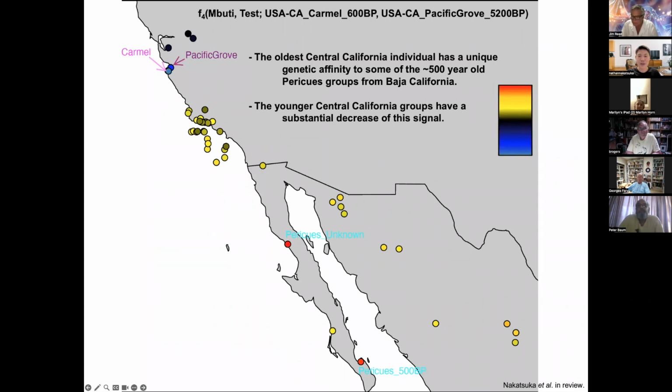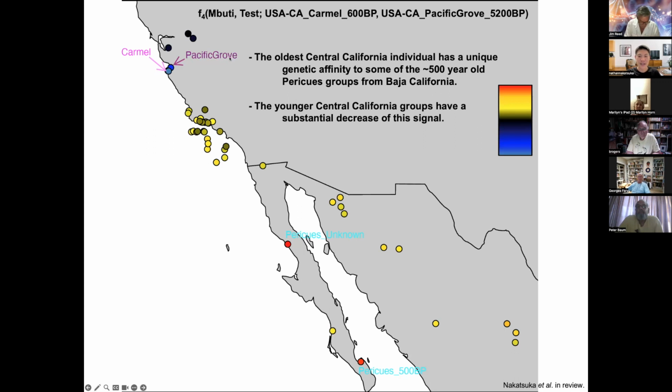So the Pericú were thought to have an ancient ancestry and potentially even an ancient language, and some suggest that there might have been an ancient language family in Central California as well before the introduction of the Yok-Utian or Ohlone language family about 4,000 years ago.